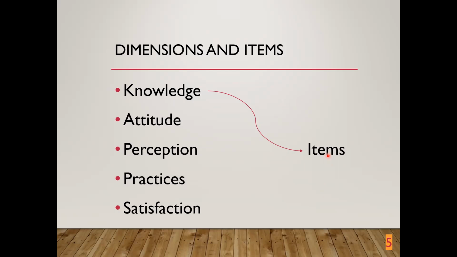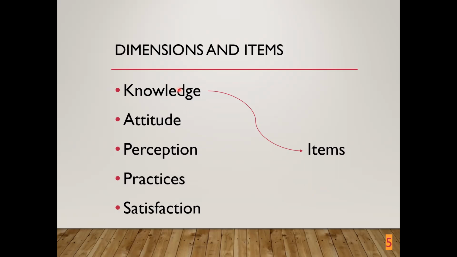Okay, so one important thing is this: in a bid to measure the knowledge of an individual on a particular subject, concept, or infection, or whatever, it is important to know that effective measurement will require a basic number of items.